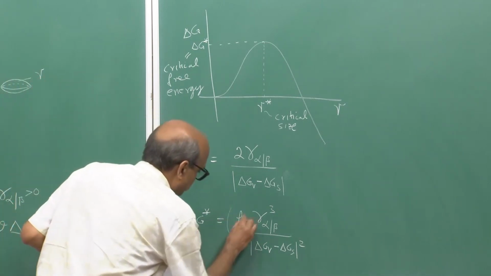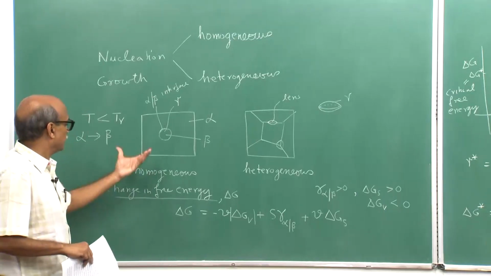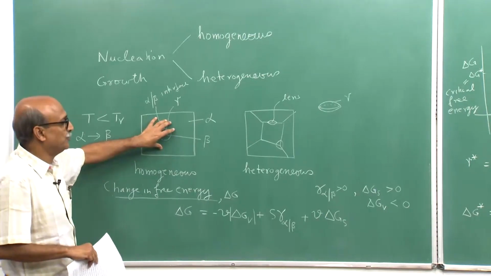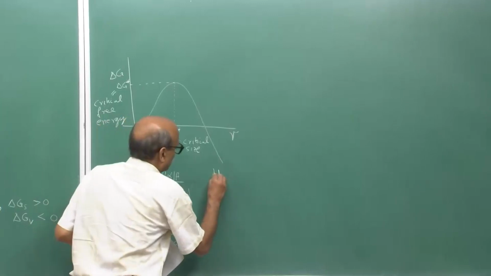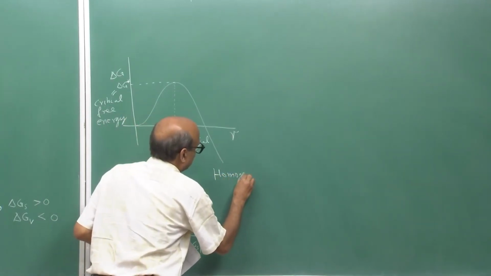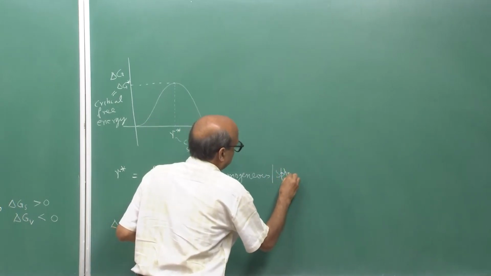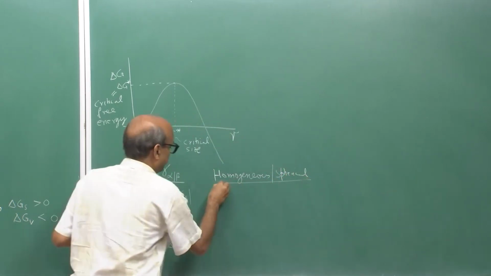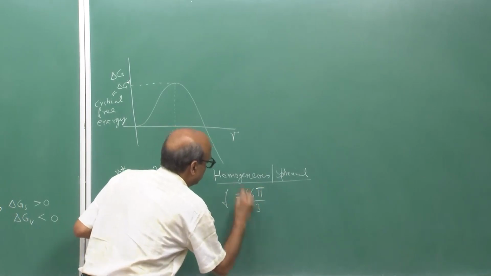Now, what is this constant F that is there? That constant F depends on the shape of the nucleus. In the homogeneous case, if we assume a spherical nucleus, F is simply 16 pi by 3.